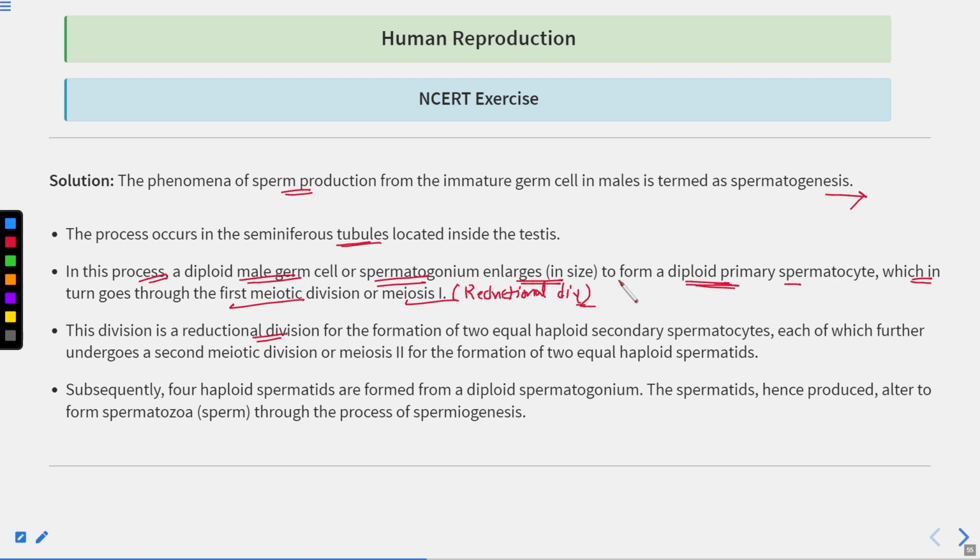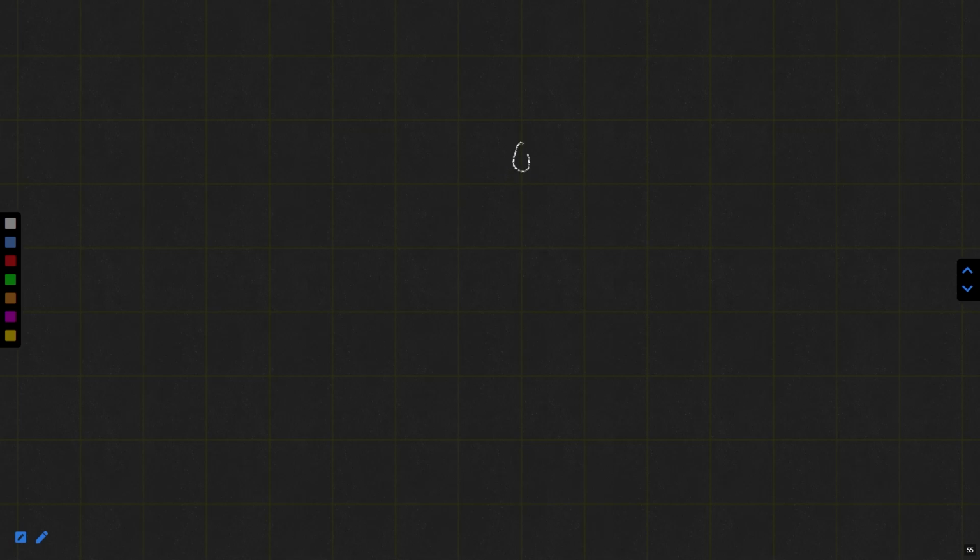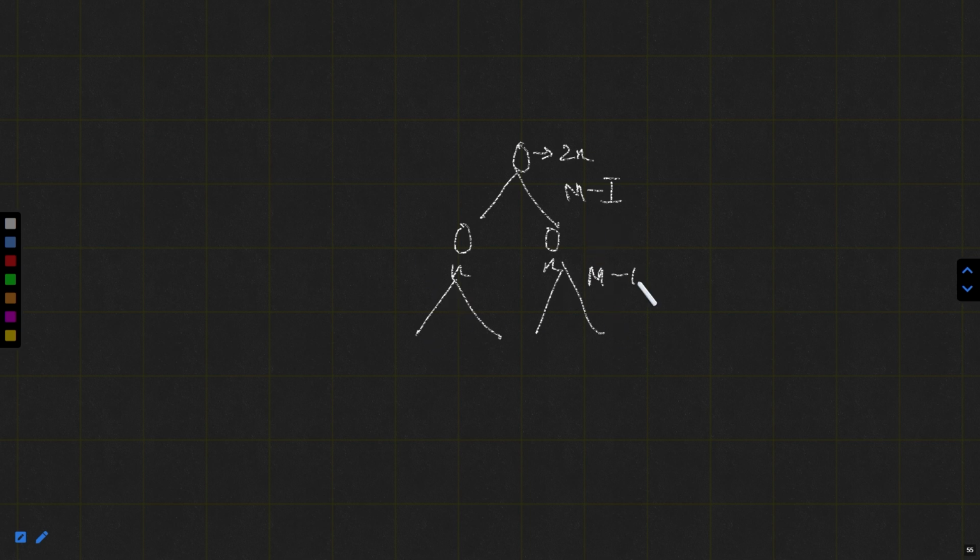The primary spermatocyte undergoes meiosis 1 and forms two equal haploid secondary spermatocytes. So if this is one diploid cell, after meiosis 1, two cells will be formed, and these two cells will be haploid. Then again these cells will undergo meiosis 2, and meiosis 2 is the same as mitosis.